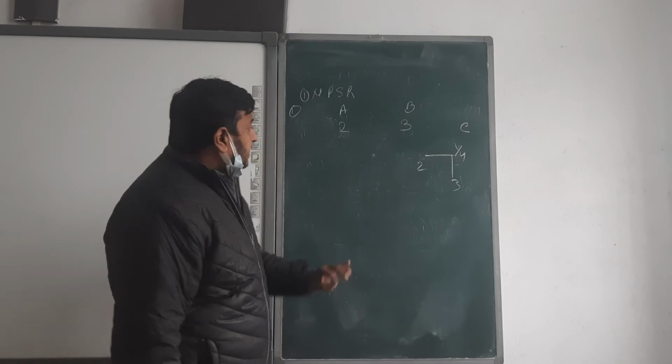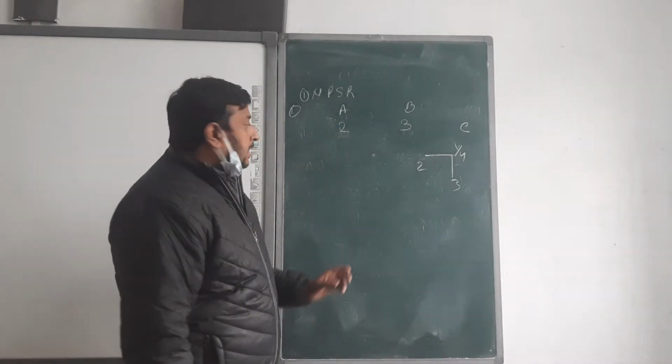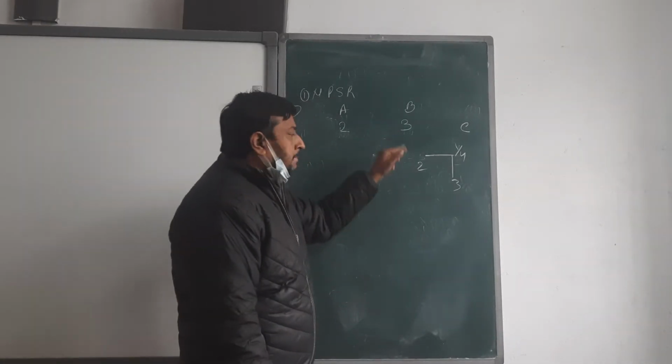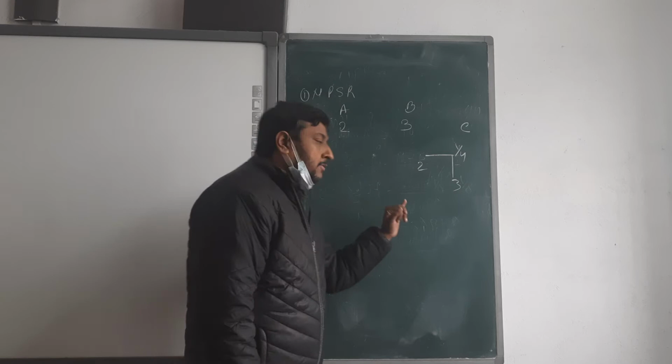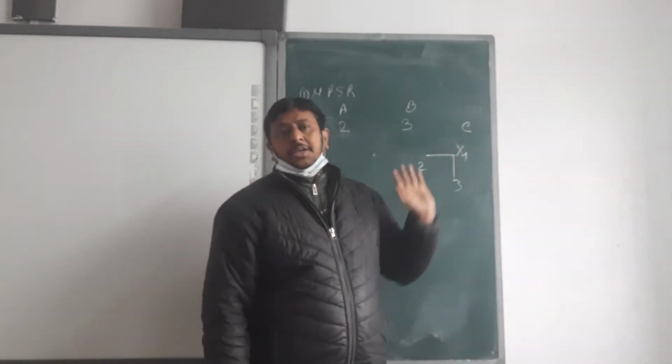And last is if they surrender: if A surrenders 2/5 and B surrenders 1/5, we calculate 2/5 and 1/5, and by adding these we calculate the share of C.